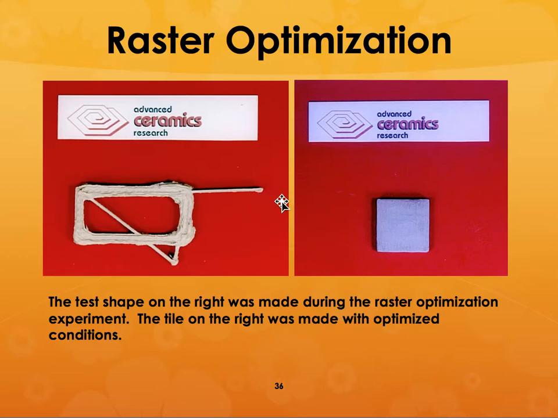So we made a test shape, and we also made one sample with the optimized conditions. This showed that whatever design we had in the CAD model, it produced exactly the same part after fabrication.